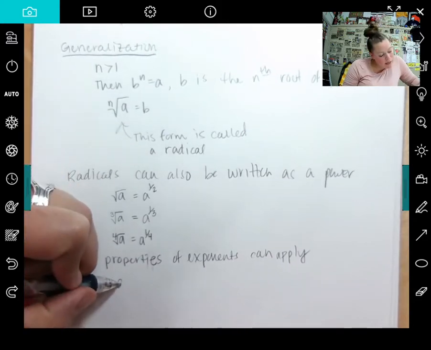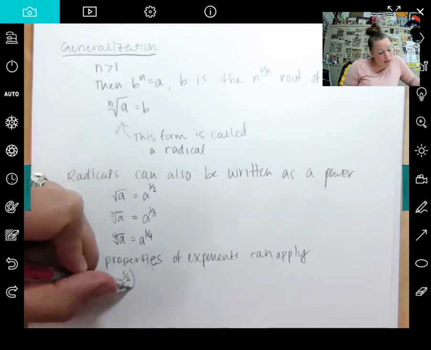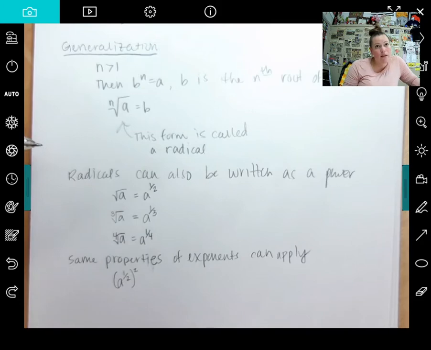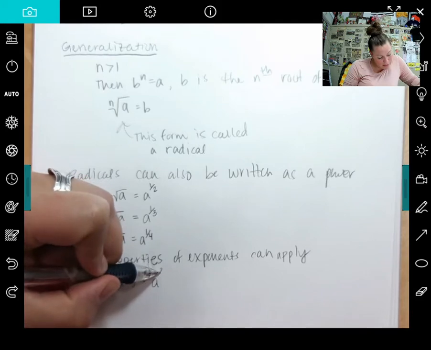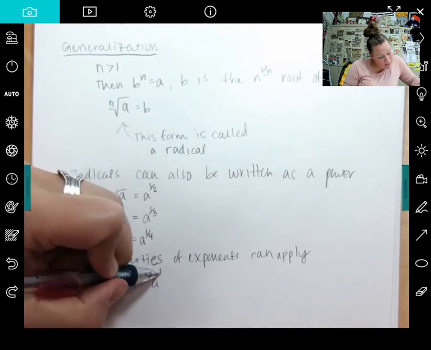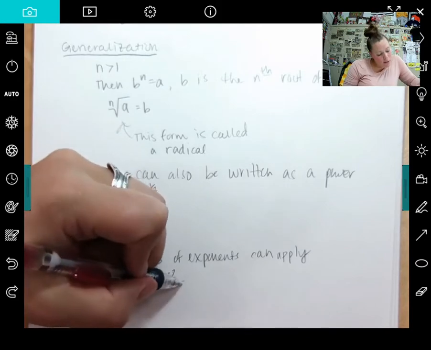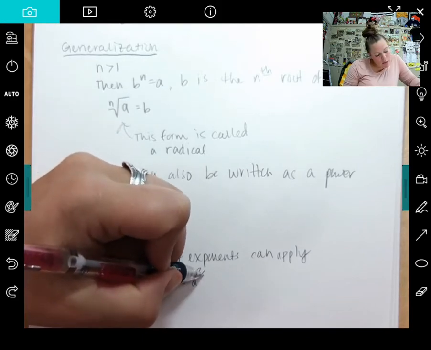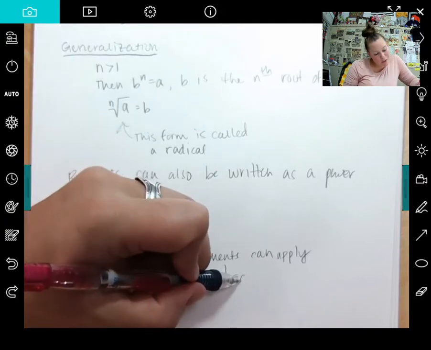So with that said, the power of powers property. If we had the square root of a, so a to the 1/2 squared, we could multiply that through. So that would mean we take those two exponents and we multiply. So 1/2 times 2, which would just equal a to the 2 over 2, which equals a to the 1, which would just equal a.